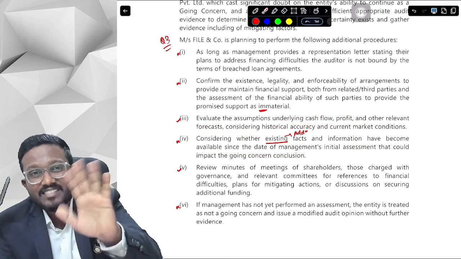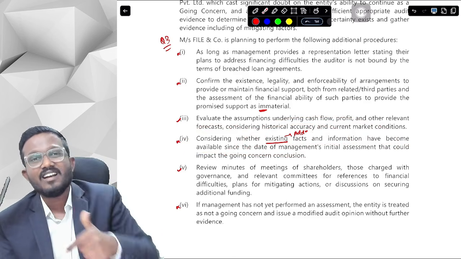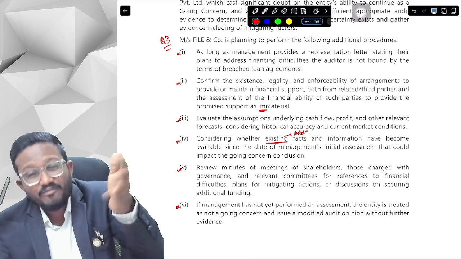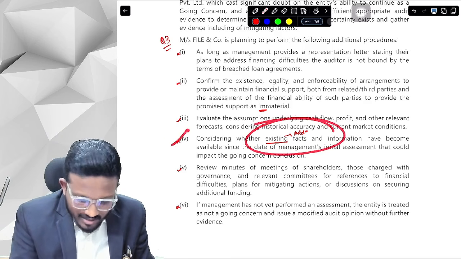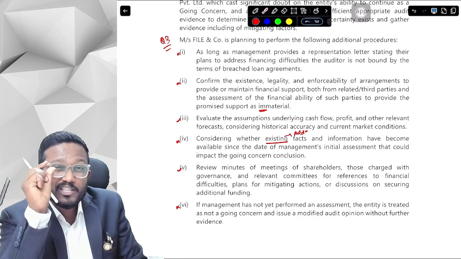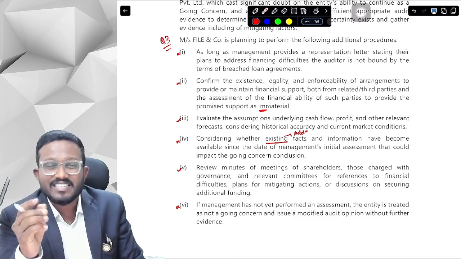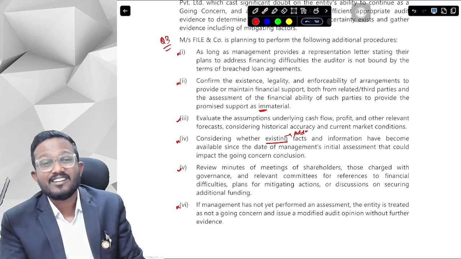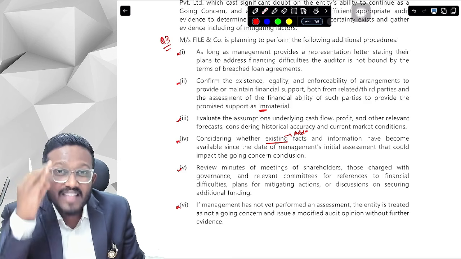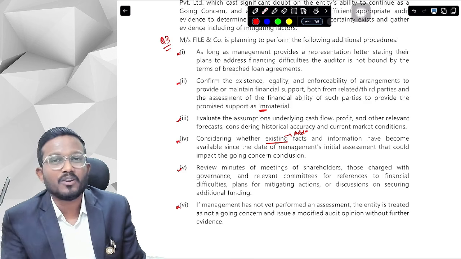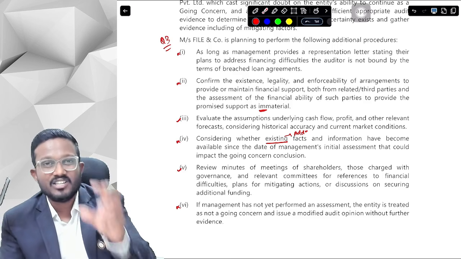It is not the existing facts, it is additional facts. We need to consider whether there are any additional facts after the management has made the assessment of going concern. Okay, yes, sir. So this is also wrong. One word change ICAI has done in the procedures, and ICAI is asking you to identify that. So you need to learn, or you need to basically remember, or you need to have that much conceptual clarity to understand what ICAI has changed in this particular option.